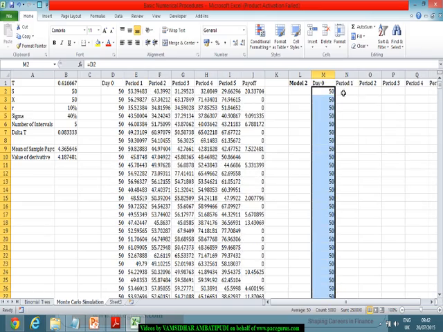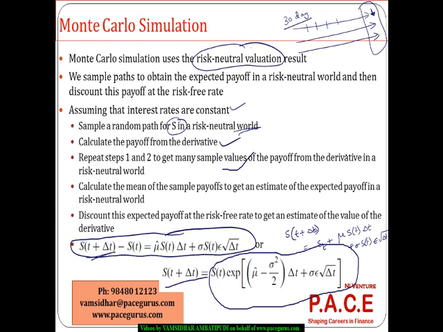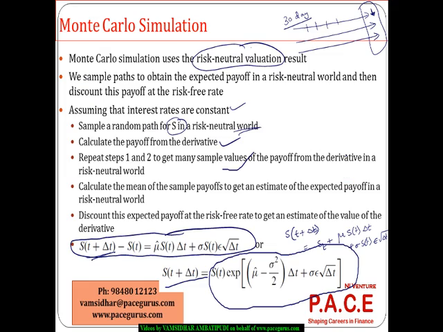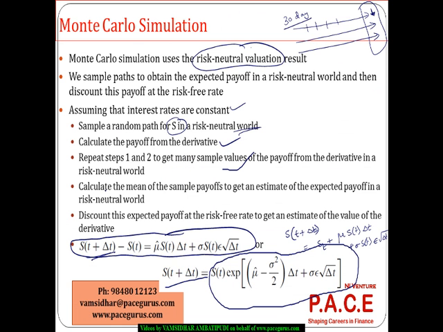But from day 1 onwards, what we are doing is ST times e to the power of mu minus sigma squared by 2 times delta t, plus sigma square root of delta t times epsilon.